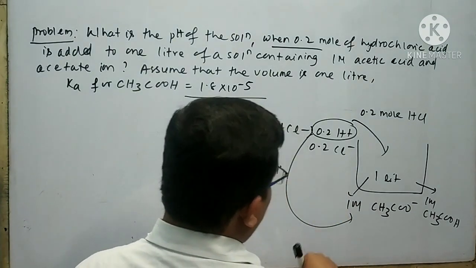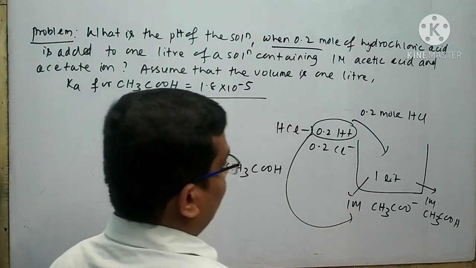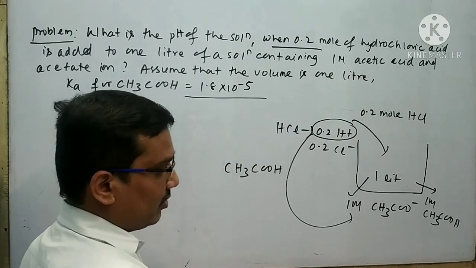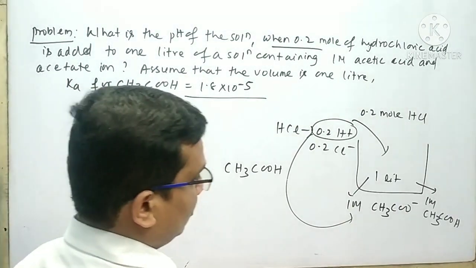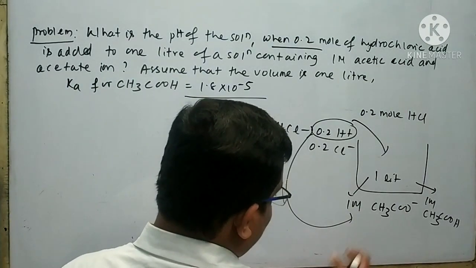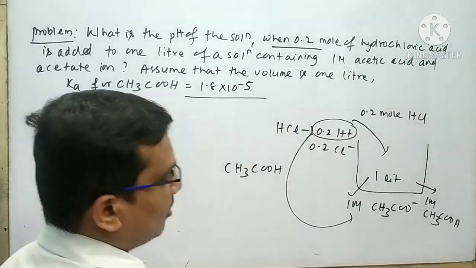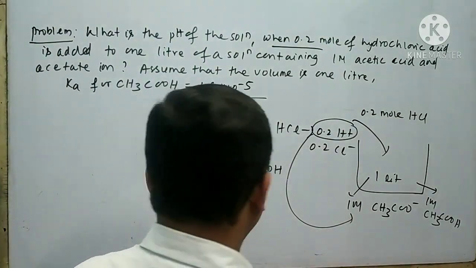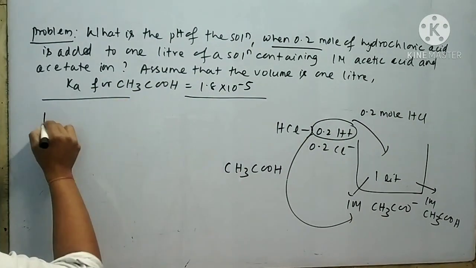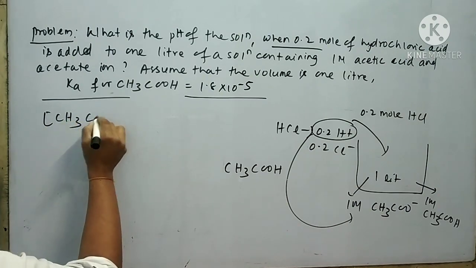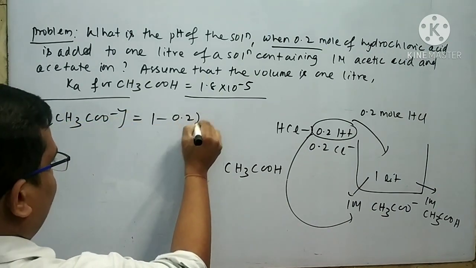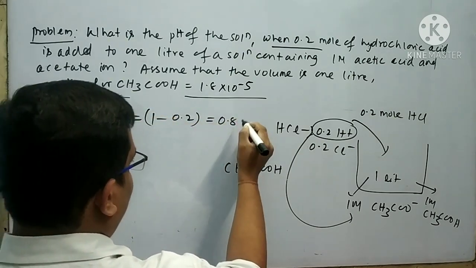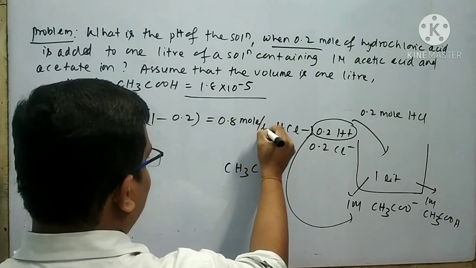That means after the addition of 0.2 mole of H plus ion, the concentration of acetate ion decreases. So the concentration of acetate ion equals 1 minus 0.2 equals 0.8 mole per liter.